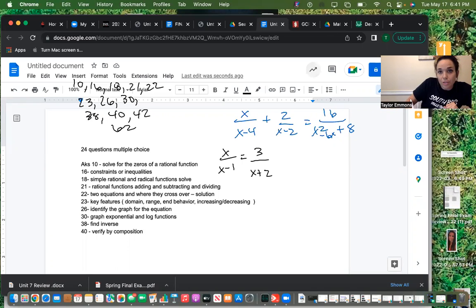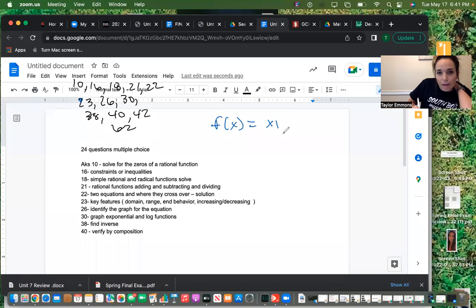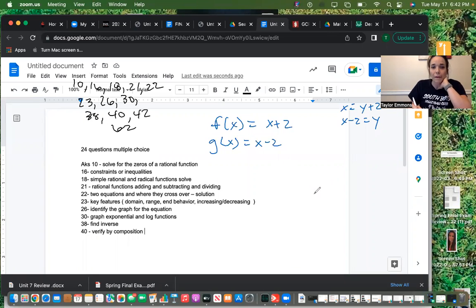So for composition, okay, what you're going to do is, let's say that I had an f of x, and let's make it super easy. It's x plus 2. And let's say, I gotta find its inverse really quick. So let me find my inverse. Okay, so let's say g of x equals x minus 2. To verify the composition, you're gonna do f of g of x.